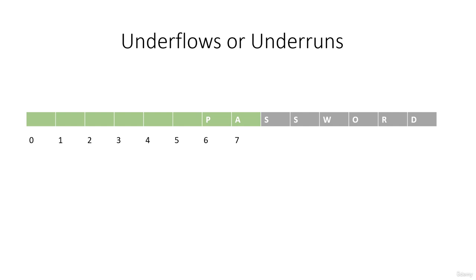But in some software designs there are reasons to do this, and it has the same risks as overflows and overruns. If you aren't careful when writing to the buffer, you can easily write past the beginning of the buffer, causing an underflow or underrun condition.